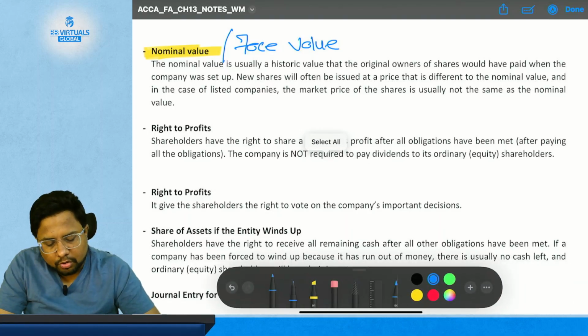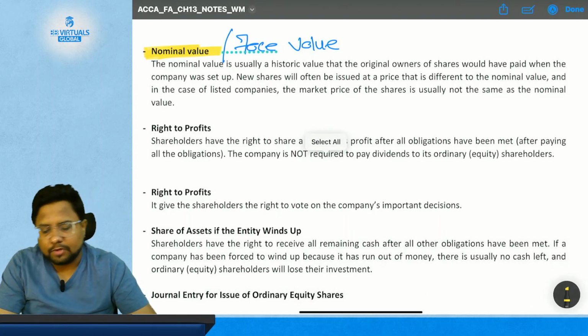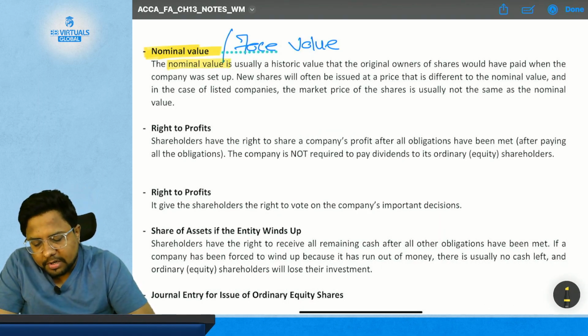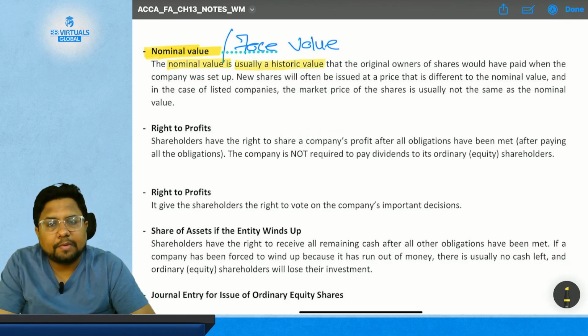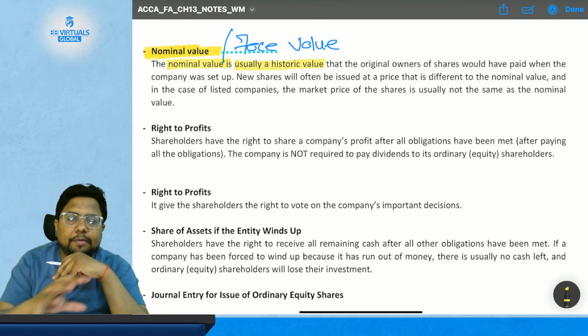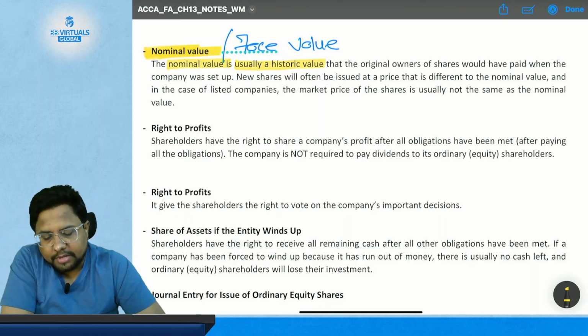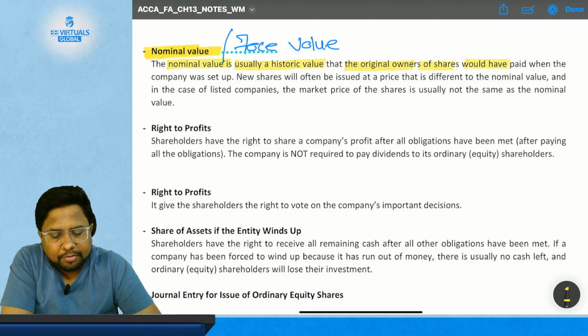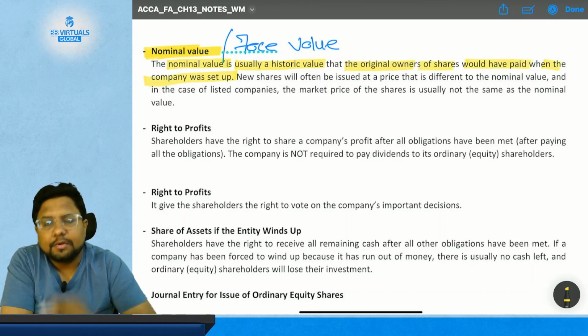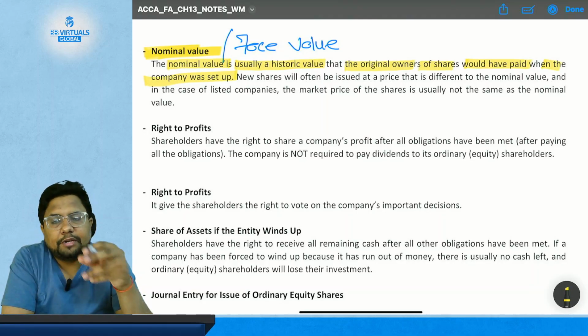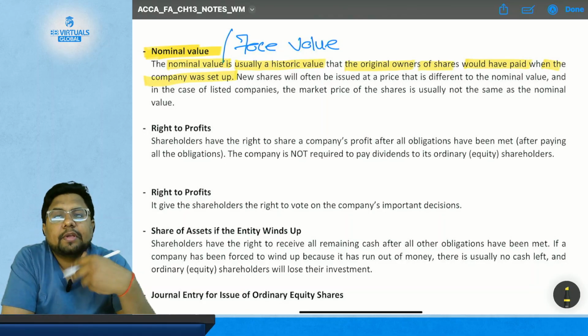Face value and nominal value are the same thing. The nominal value is usually a historic value, a value from the past, that the original owners of the share would have paid when the company was set up.